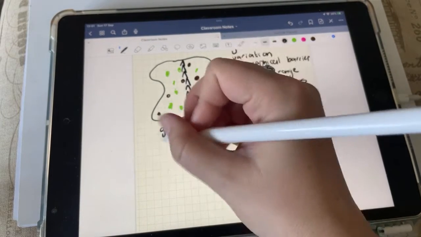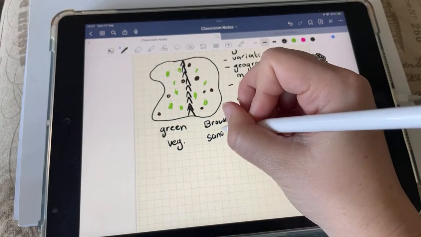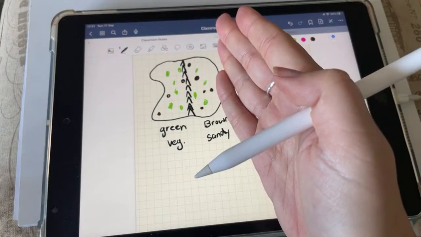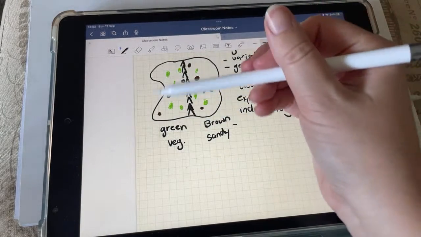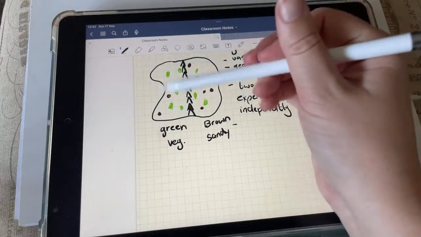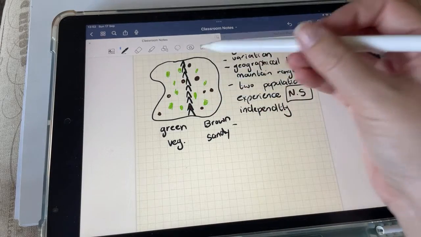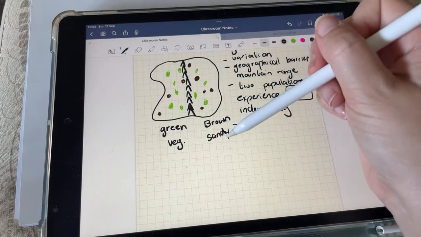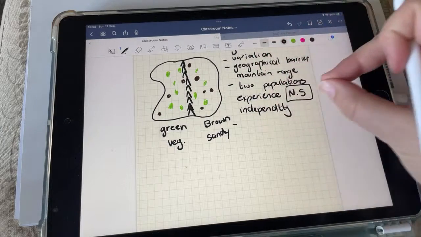So if you suit the green side through natural selection, you'll survive. If you suit this brown and sandy environment, you will survive. And so you experience natural selection independently.